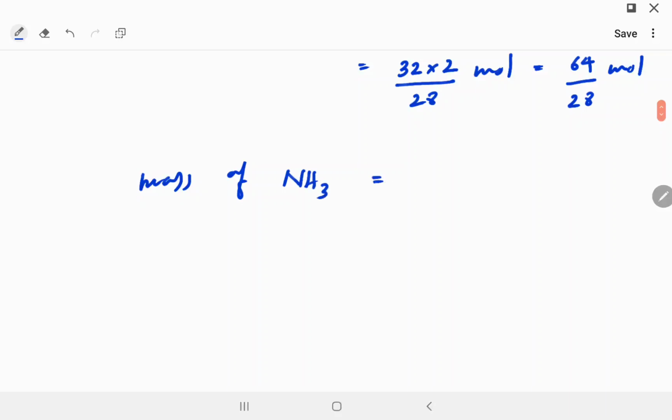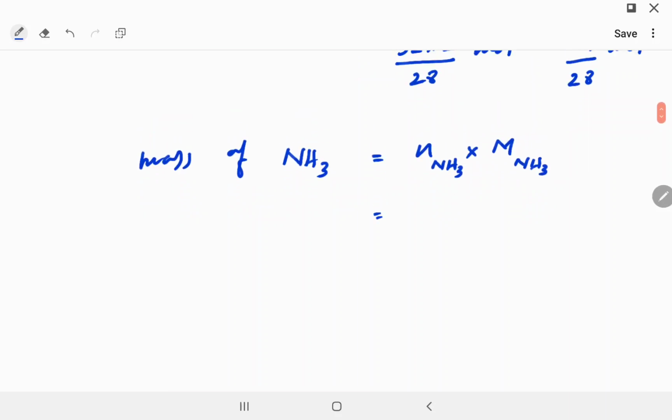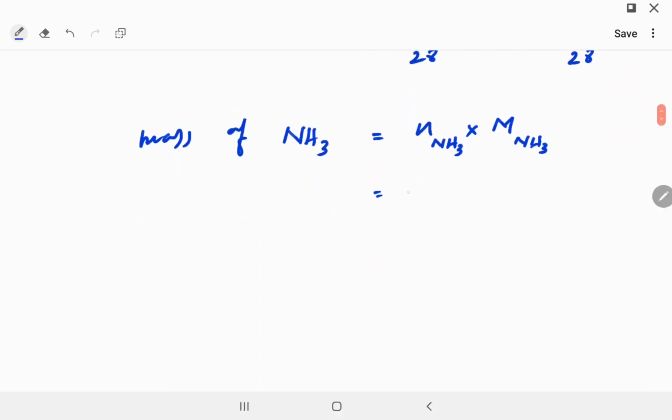To calculate the mass of ammonia, you already have the number of moles of ammonia. You multiply it by the molar mass of ammonia, which can be calculated using the formula. So moles of ammonia is 64 divided by 28 moles, and molar mass of ammonia is how much?